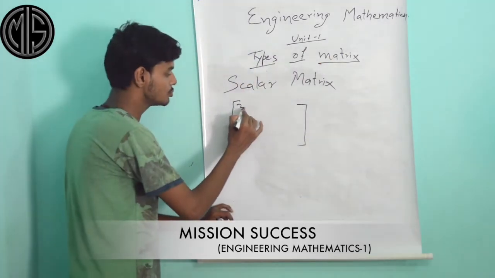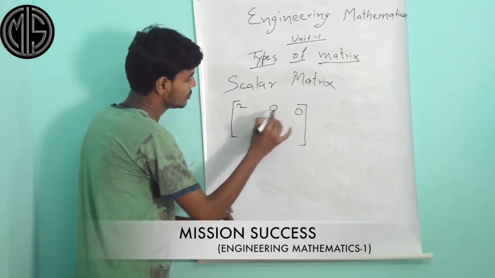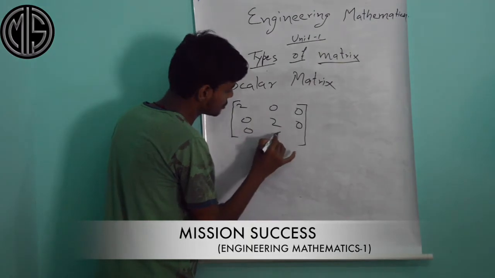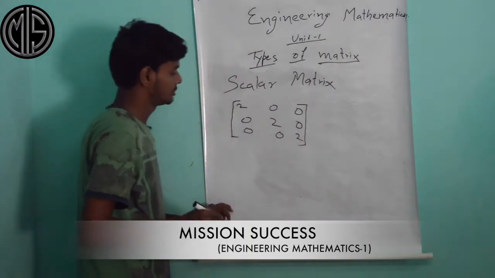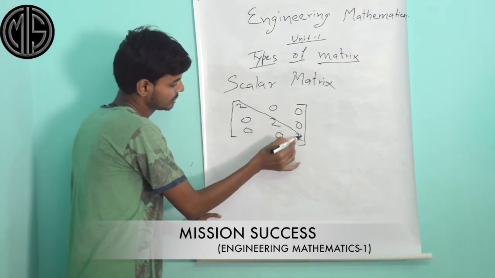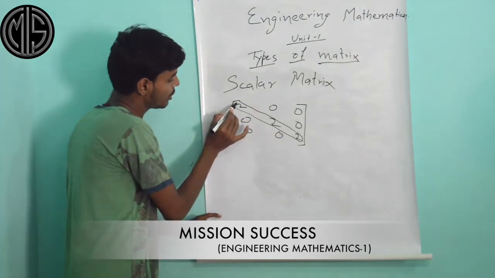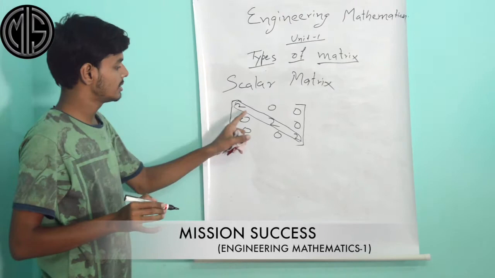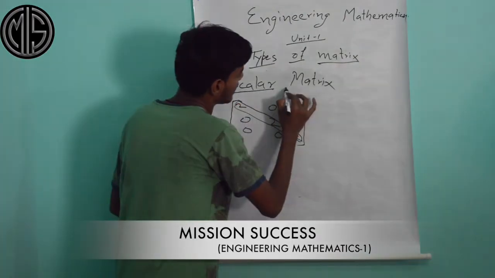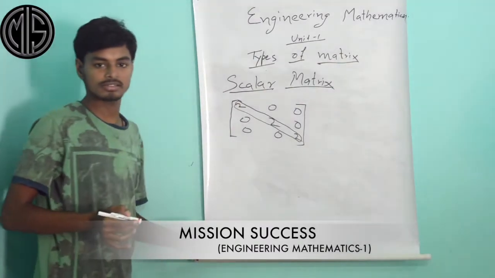For example, 2, 0, 0, 0, 2, 0, 0, 0 and 2. This is diagonal, no? Here all the diagonal elements are equal. It is called a scalar matrix.